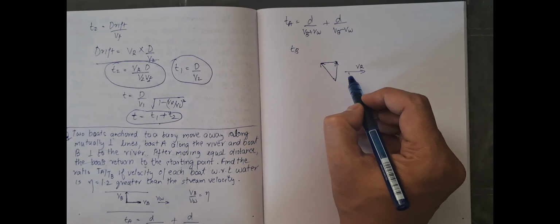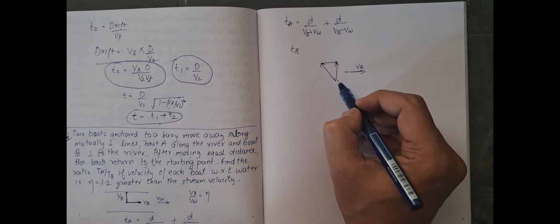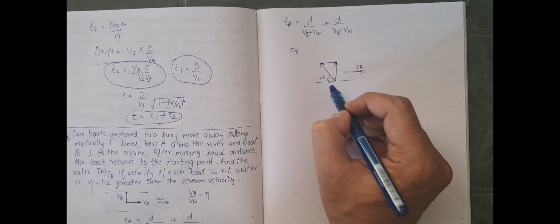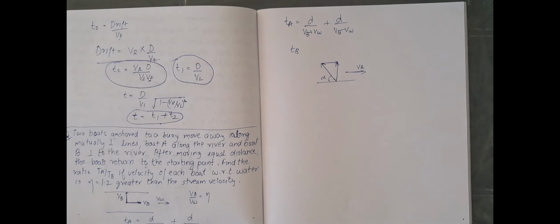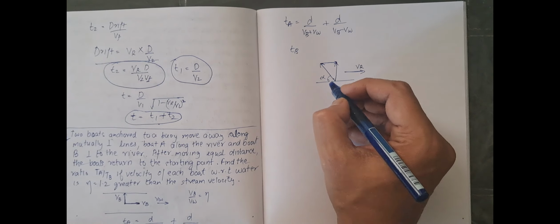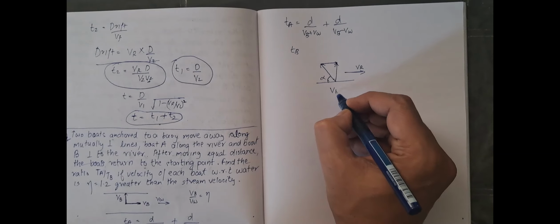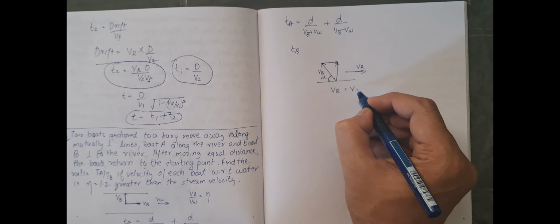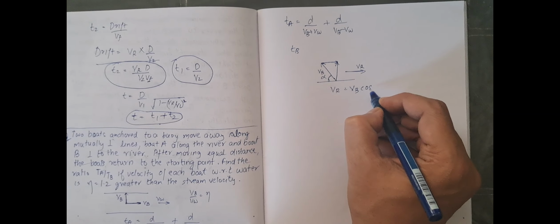Actually, the boat B travels at an angle. Suppose that angle is say alpha. So in this case, we know that VR, this is VB, suppose, will be equal to VB cos alpha.